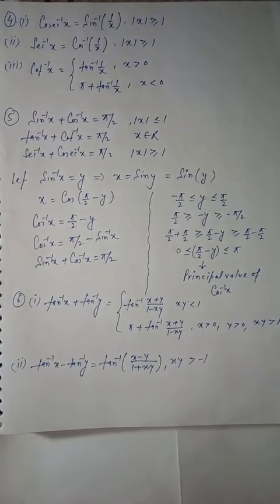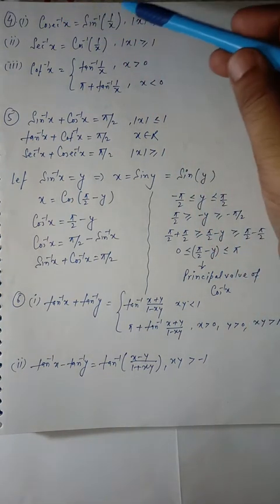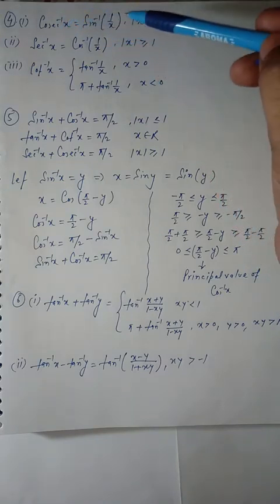Now come to the fourth property. Like we know that cosec theta is equal to 1 upon sin theta, and 1 upon sec theta is cos theta. In the same manner, in case of inverse, cosec inverse x is equal to sin inverse 1 upon x. It is always correct. We can't say cosec inverse x is equal to 1 upon sine inverse x. It is wrong.